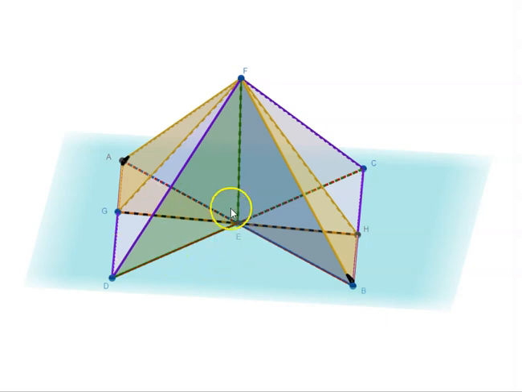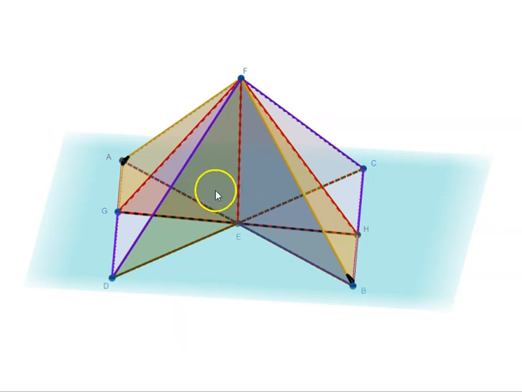Now let's look at triangle FEG and FEH. You will notice that we have proved that FG is equal to FH, GE is equal to EH, and FE is common. So that means these two triangles are congruent.